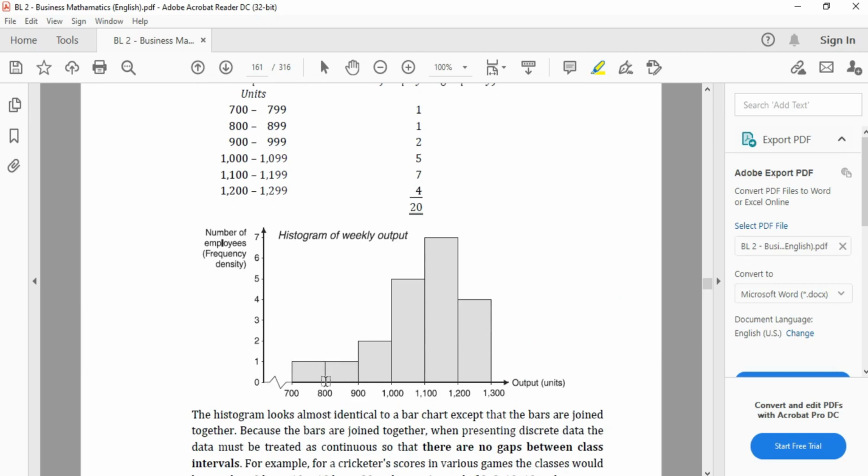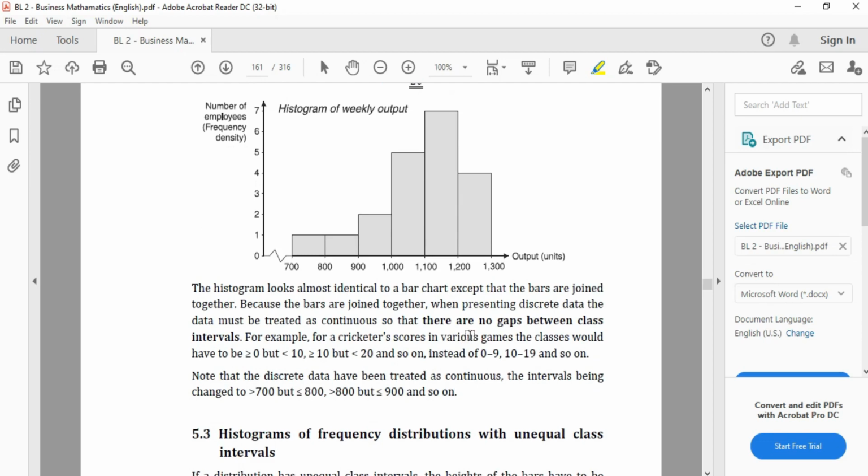But the difference from component bar charts is that the bars are fixed together. See, there is no gap between the bars. So if they are fixed together as such, it can be called a histogram, right? So no gaps.